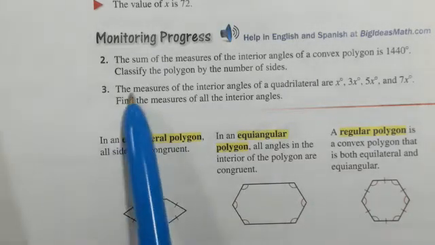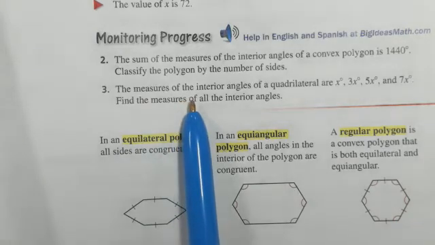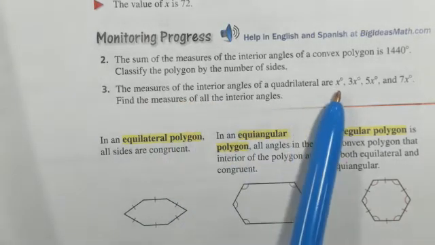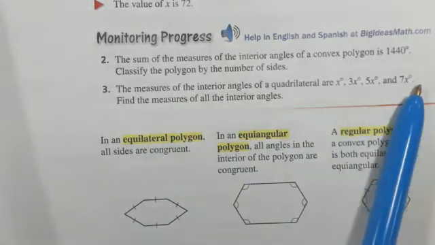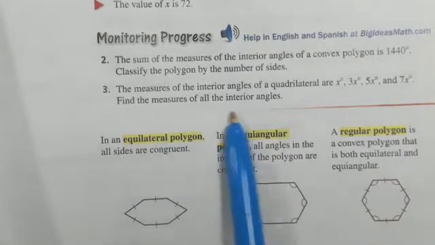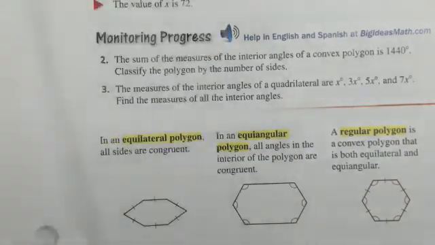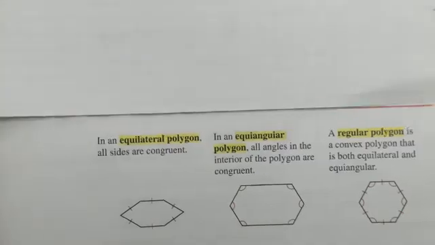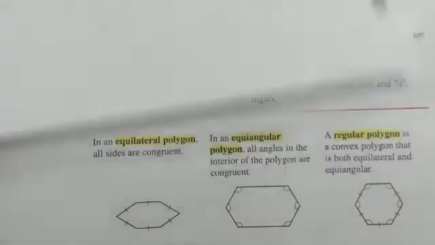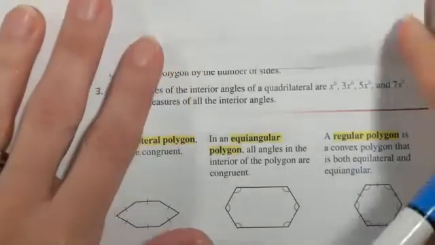All right, number 3 says the measures of the interior angles of a quadrilateral are x, 3x, 5x, and 7x. Find the measures of all the interior angles. Okay, so we'll do this down here.